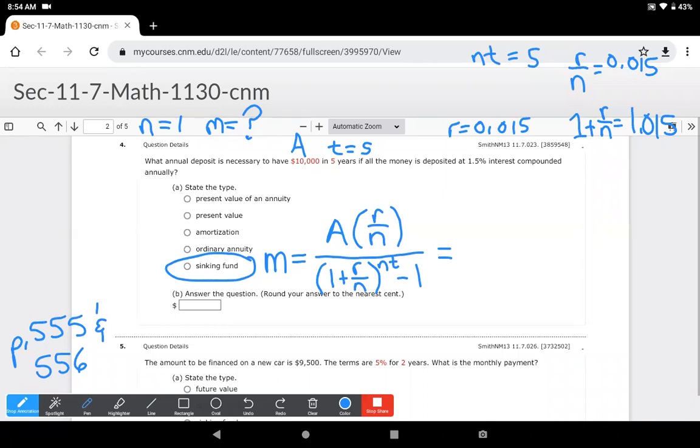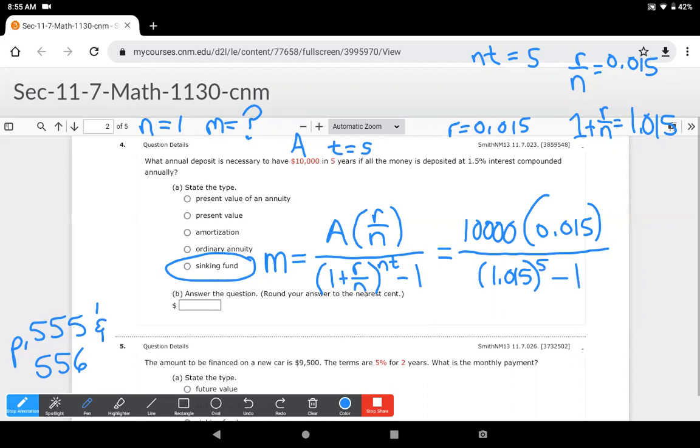So we're going to take A equals 10,000 multiplied by R over N, which we said actually simplifies to 0.015. And then we'll divide that value by 1 plus R over N, which simplifies to 1.015, raised to the, double check it's a positive exponent, raised to the exponent 5, and then subtract 1.